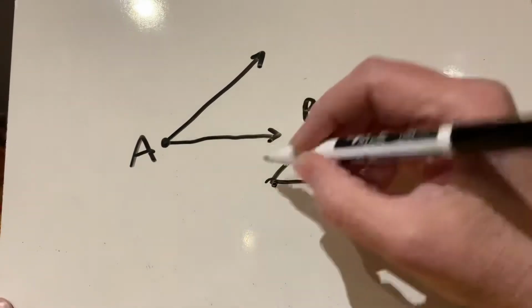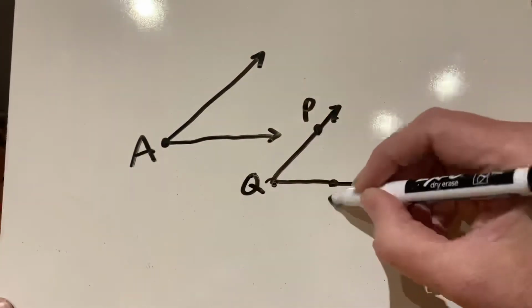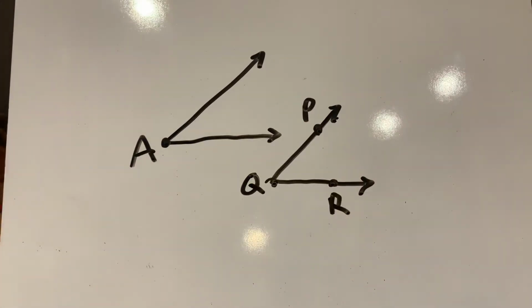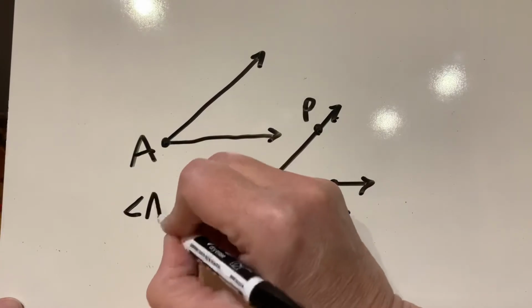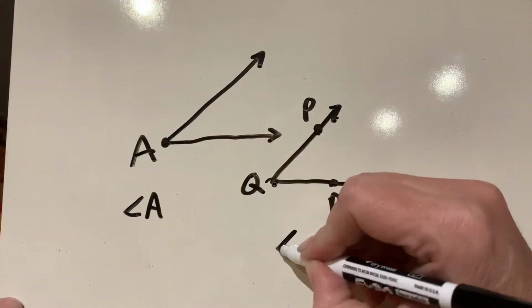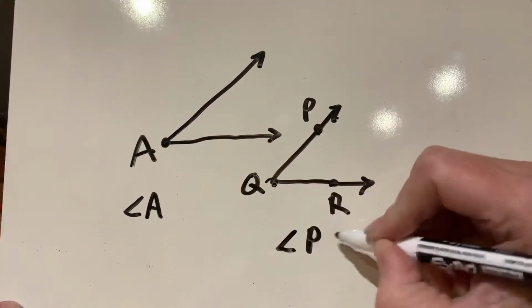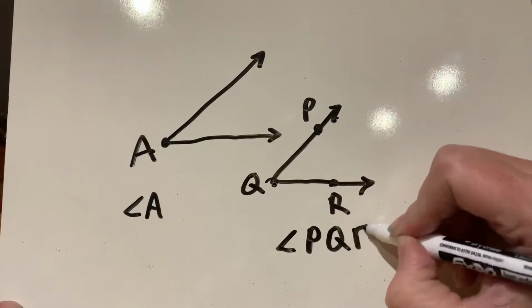This angle, P, Q, and R. Now, if I was going to label these angles, this one I would label A, and I would label this P, Q, R.